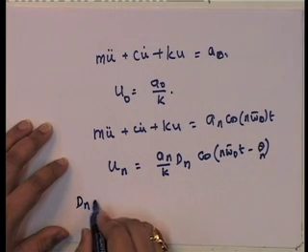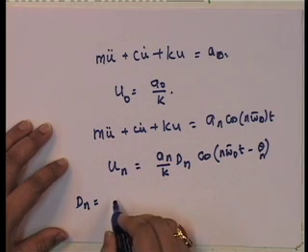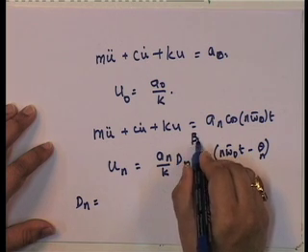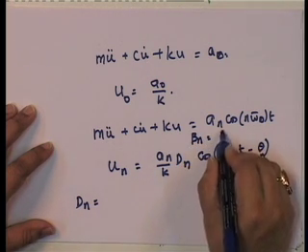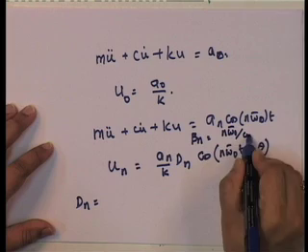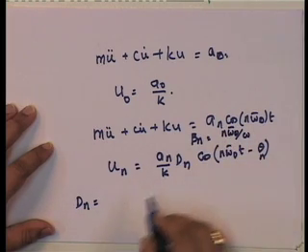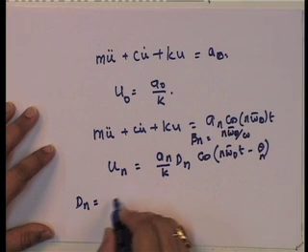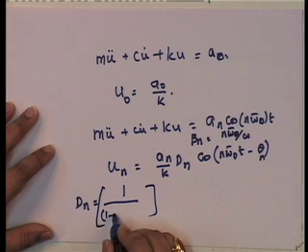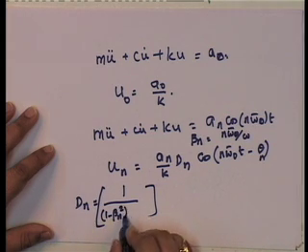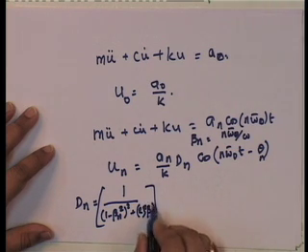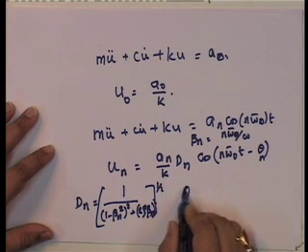d n is equal to, now here I will define a term. What is beta n? Beta n is equal to n omega 0, which is the excitation frequency, divided by omega bar. Okay, that is beta n. So, d n is equal to 1 minus beta n squared plus 2 zeta beta n the whole squared, square root.